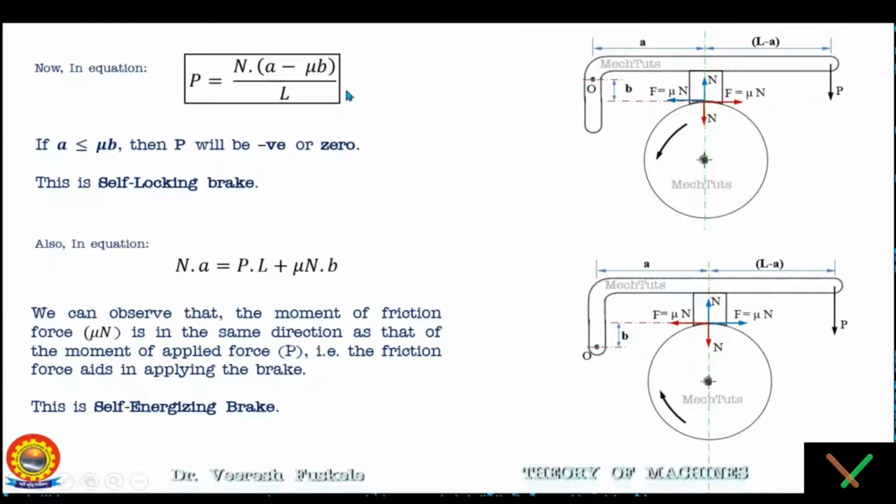In this equation, if A minus mu B is less than or equal to 0, then the applied force will be virtually 0 and the brake will lock on its own. So this will be a self-locking brake. We have already discussed this earlier. So what is the condition of self-locking brake? B should be greater than or equal to A by mu.